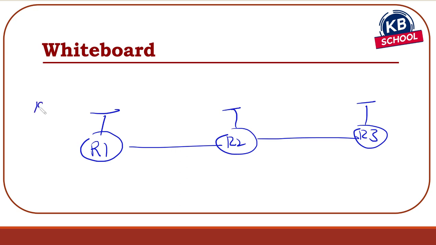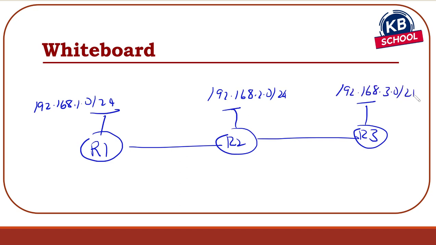So for example, if this is 192.168.1.0, this is 192.168.2.0, these are LAN segments, 192.168.3.0. And then you have segments connecting the different routers to each other, 12.0, and let's say 23.0. This is my network over here.